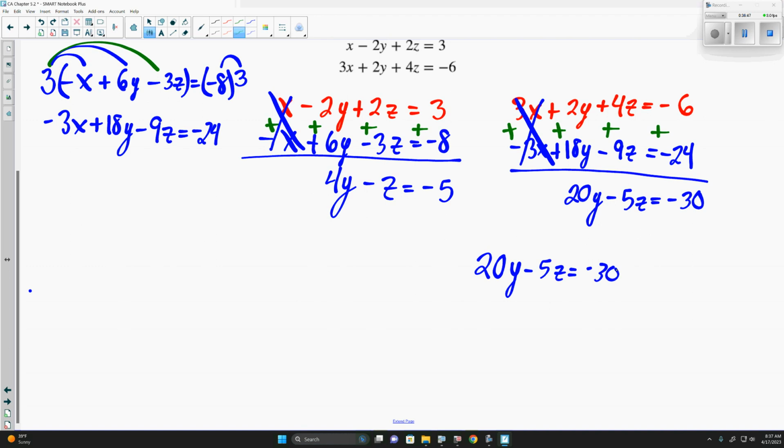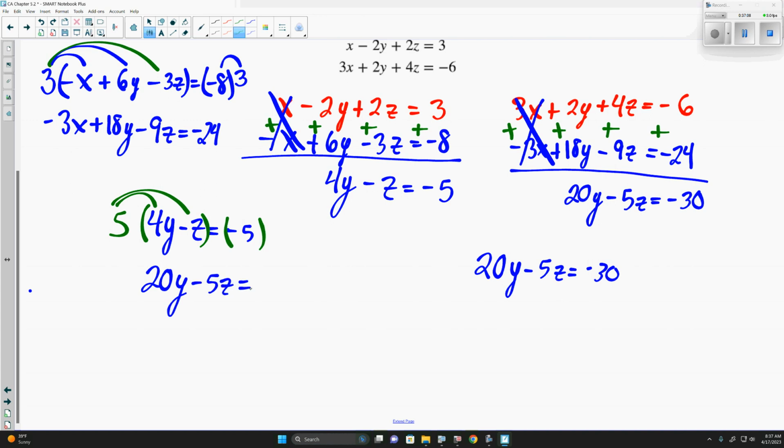Because we can multiply by 1z and get to 5z easily. Now what we're going to have to multiply our 4y minus z equals negative 5 by is, well, 5. 5 times 4y is 20y. 5 times negative z is negative 5z. And then 5 times negative 5 is negative 25. So we get 20y minus 5z equals negative 25.